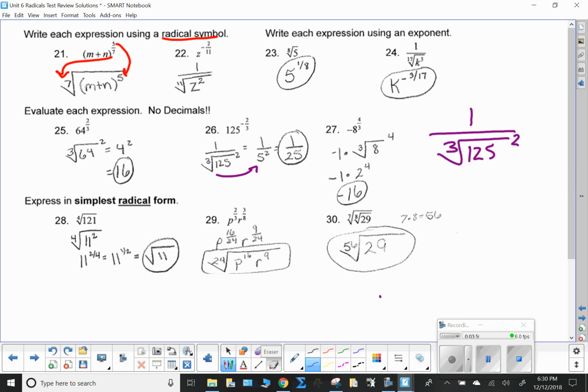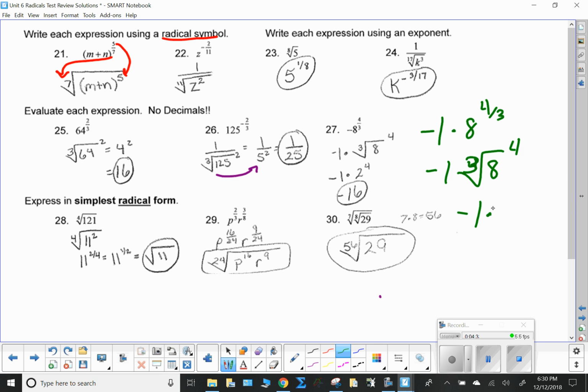Then over here, we have negative 8 to the 4/3. This is the tricky one. This is the same thing as negative 1 times 8 to the 4/3. That's not negative 8. It's not in parentheses. When it's not in parentheses, the negative indicates it's negative 1 times. So now I have negative 1 times the cube root of 8 to the 4th.